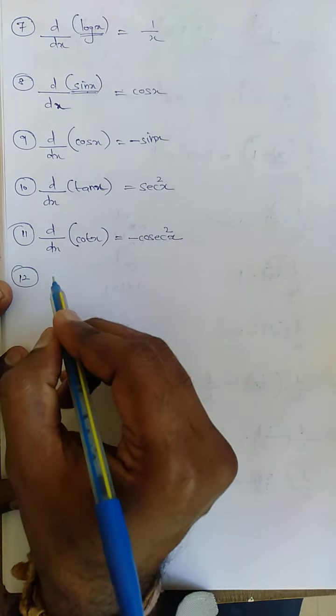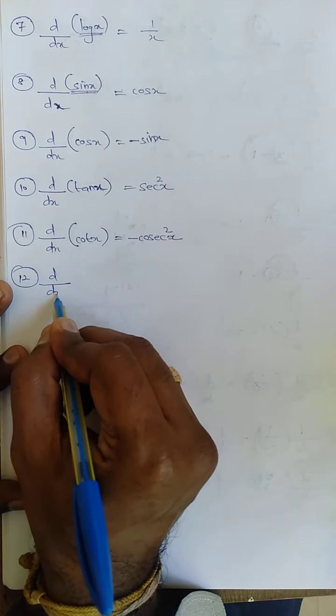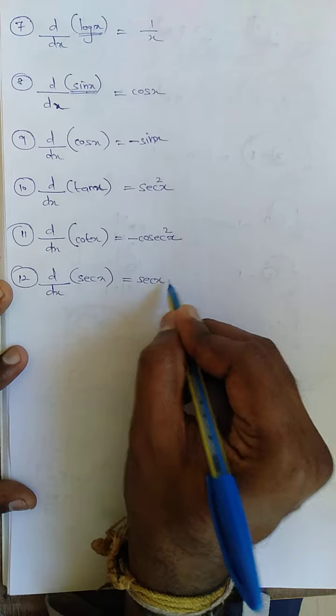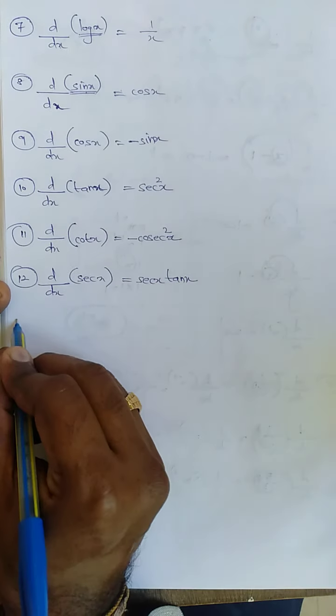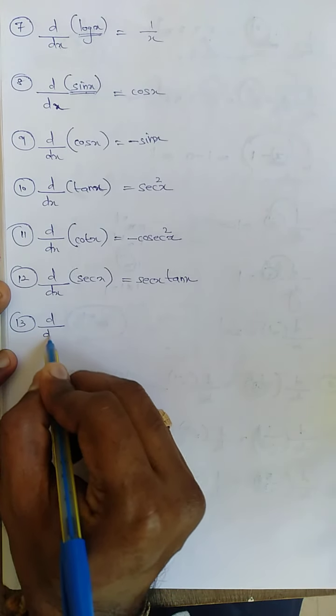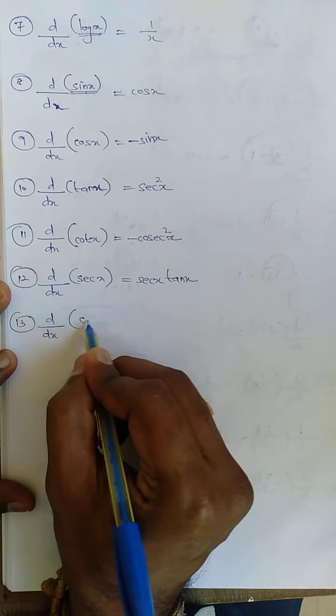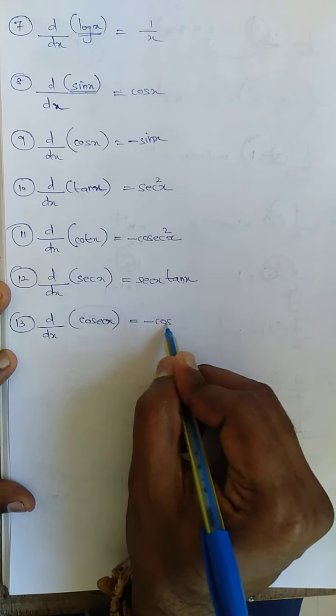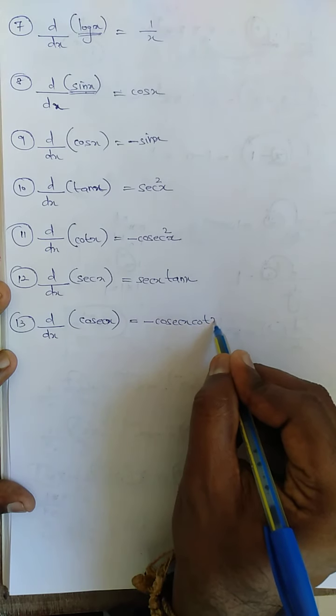Next, 12th formula. Differentiate of secant x is secant x tan x. Next, 13th formula. Differentiate of cosecant x is minus cosecant x cot x.